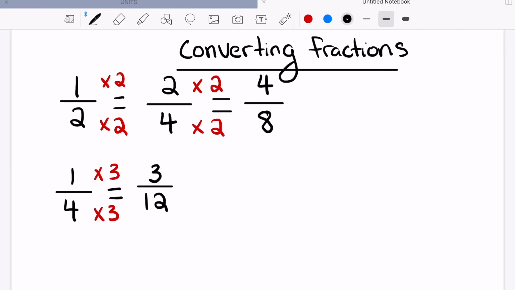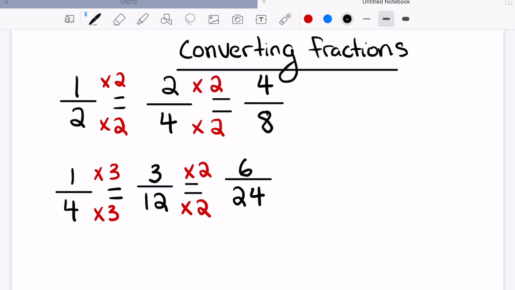What if we want to make another equivalent fraction? We can do times 2, times 3, times 4, times 5, times 6. It'll always be the same. So this time, let's go back to times 2. 3 times 2 is equal to 6. 2 times 12 is equal to 24.